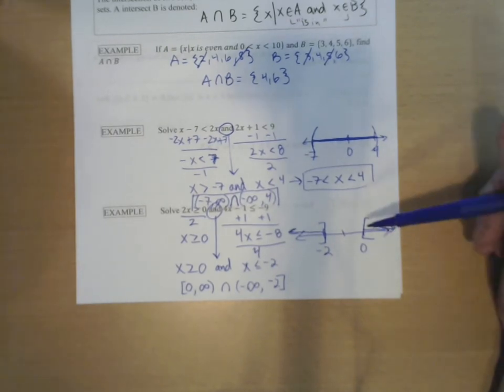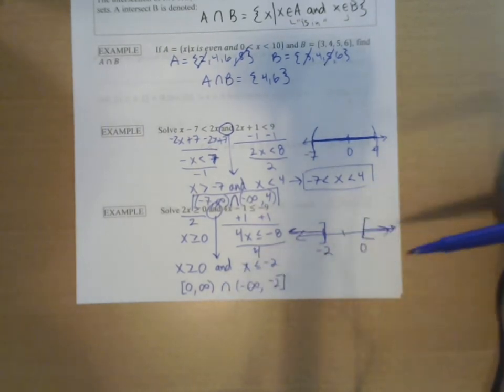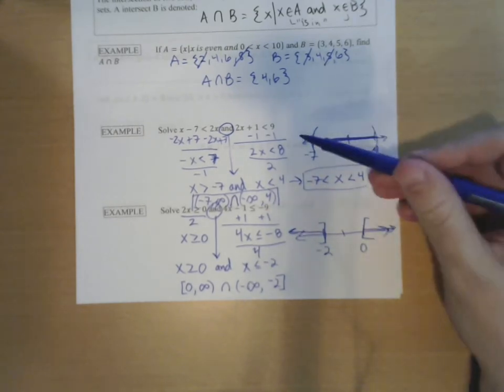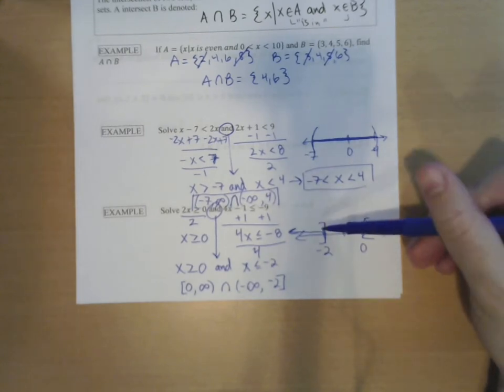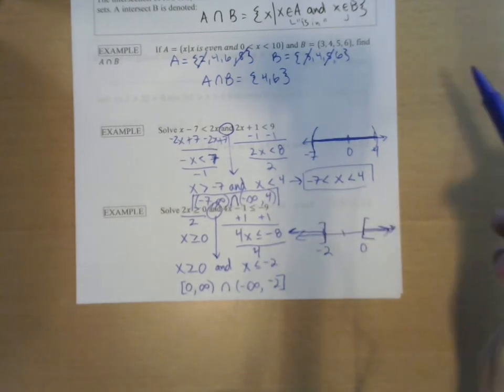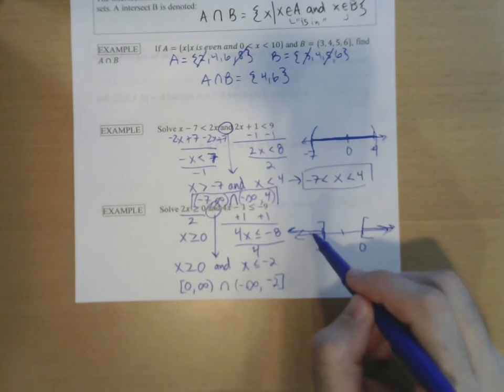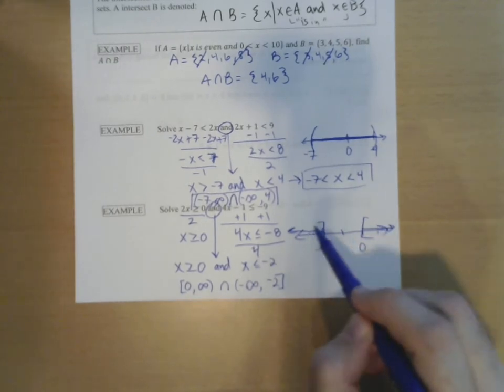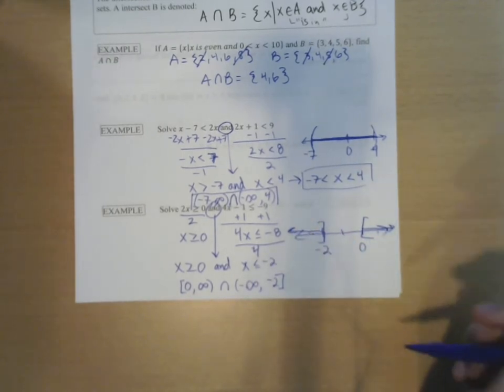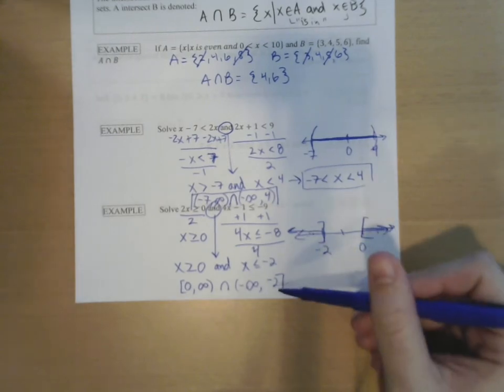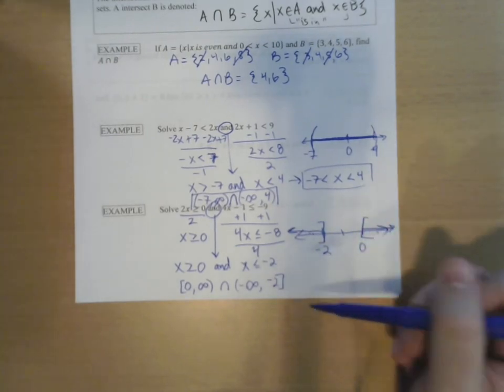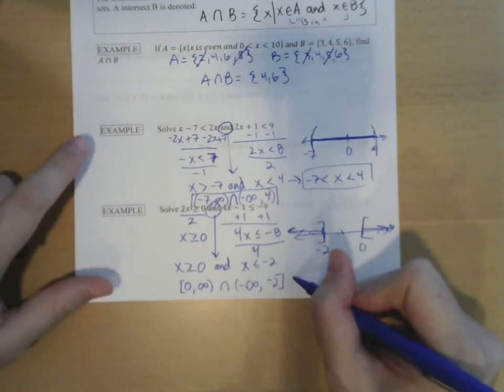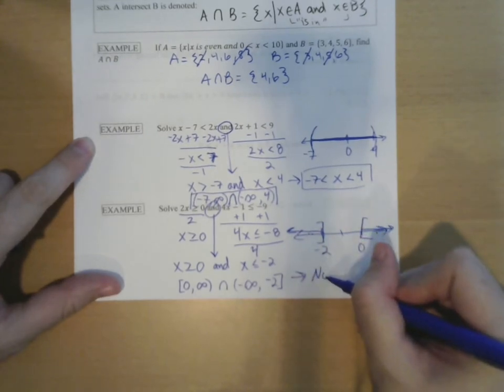Well, since this is an intersection, do these two things ever actually overlap? Up here, they connected nicely into this nice set, but here, there's no overlap. So there's never going to be a value that we can plug in that is both greater than 0 and less than negative 2, which you can't see if you just stop at your inequalities or at your intervals. So this actually has no solution.